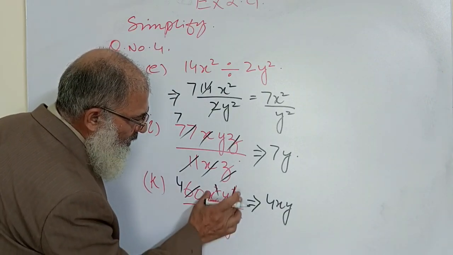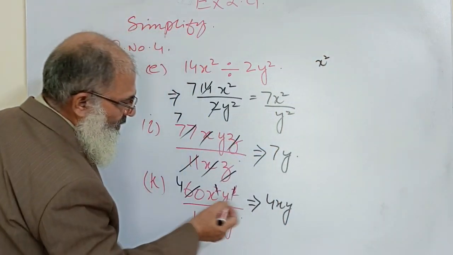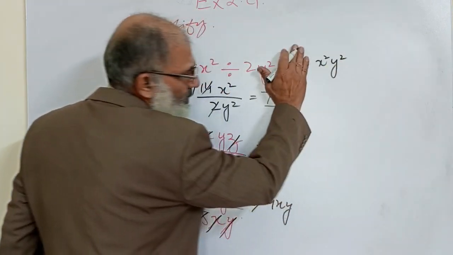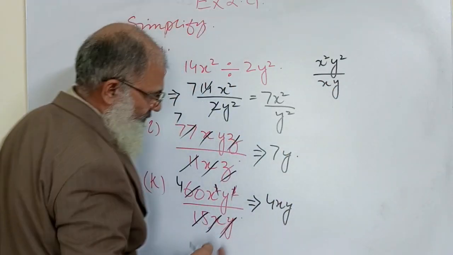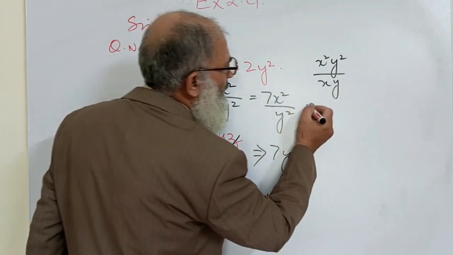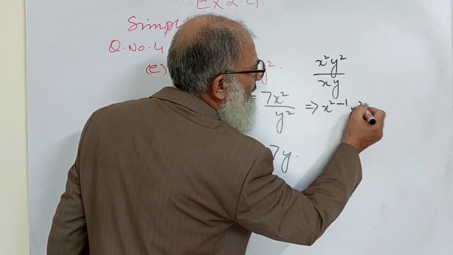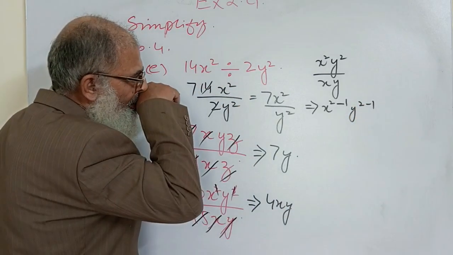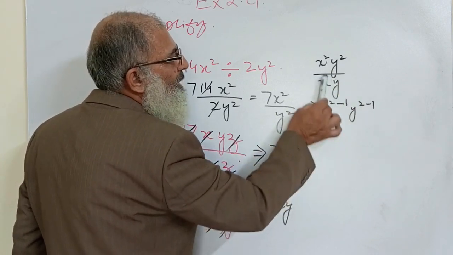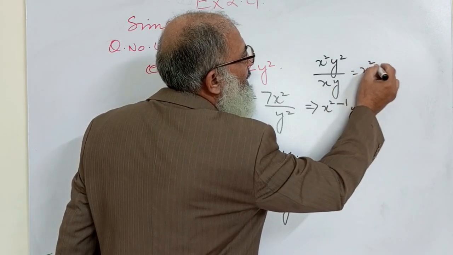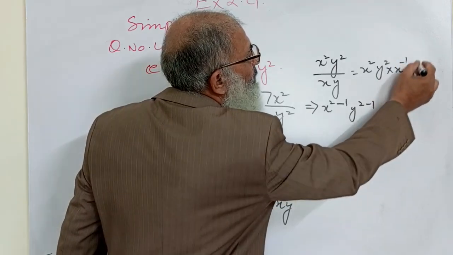To tell you about this effect, this is x square y square, and this is x and y. Forget about the coefficient. What is going to happen is x to the power 2 minus 1, y to the power 2 minus 1. The x goes into the numerator with a minus sign, so x square y square multiplied by x to the minus 1 multiplied by y to the minus 1.